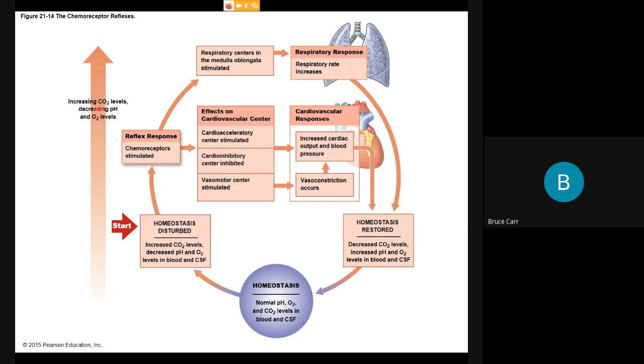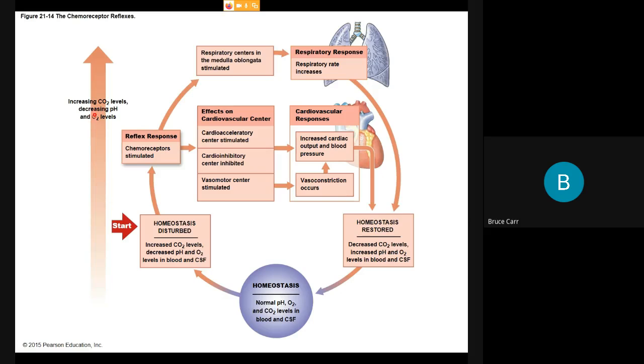By that I mean, if you produce CO2 in a water solution, it forms a thing called carbonic acid. That carbonic acid dissociates and is now bicarbonate and hydrogen ion. That means the acid goes up whenever there's CO2. Acid goes up means pH goes down. So these things are connected.